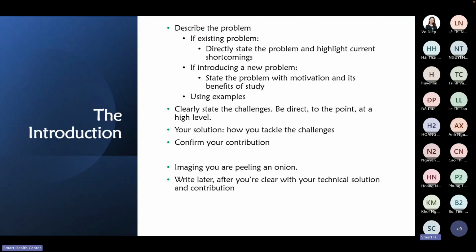For example, let's take federated learning. Federated learning is an old topic, but not every reviewer knows about federated learning. So what do you think about giving a short introduction about federated learning so all people can catch that problem quickly?